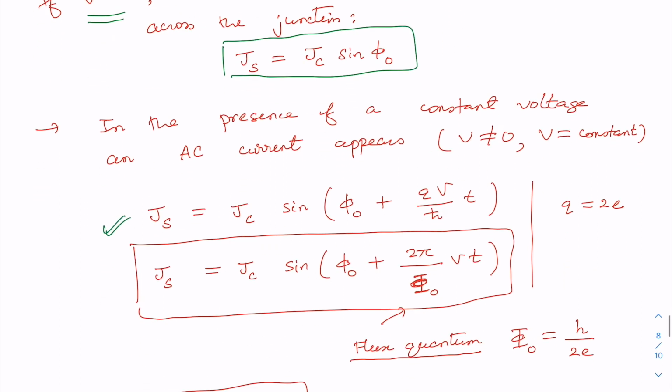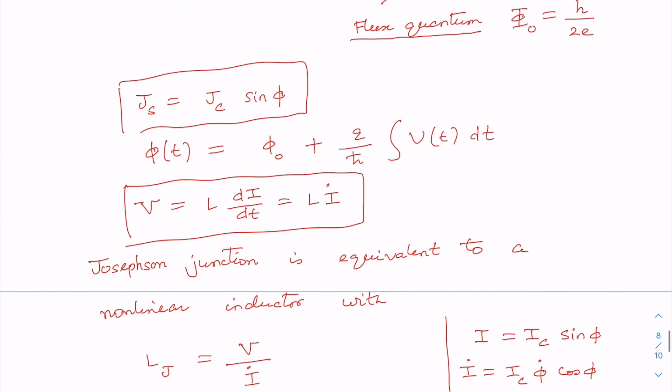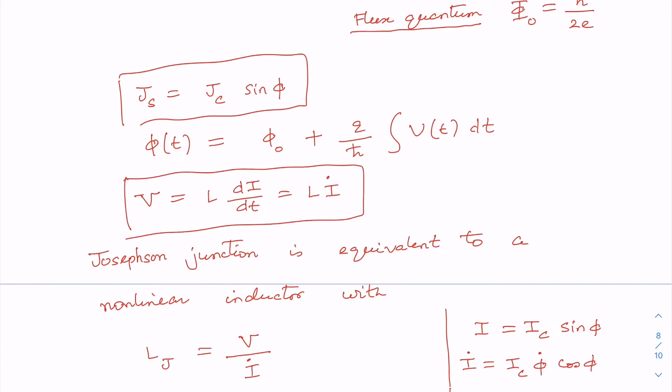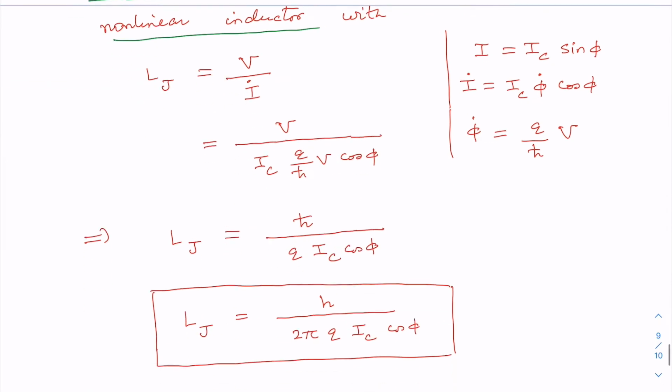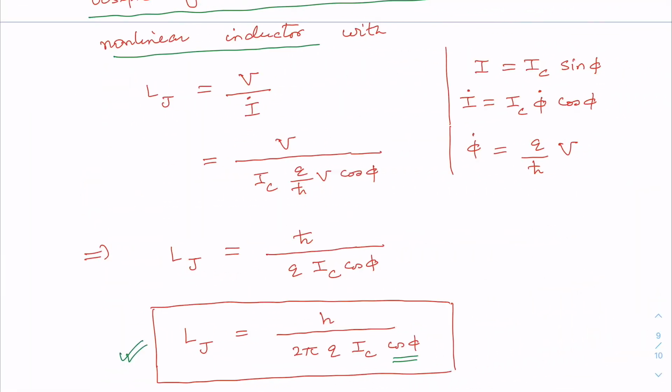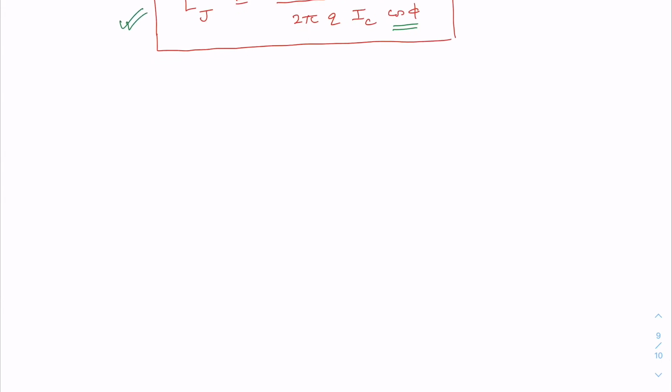This expression we can further express in terms of the flux quantum. Finally, we saw that this Josephson junction is actually equivalent to a nonlinear inductor with inductance Lj given by this expression.